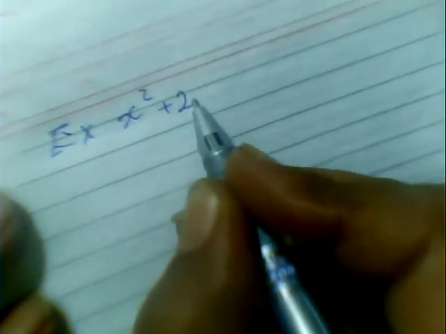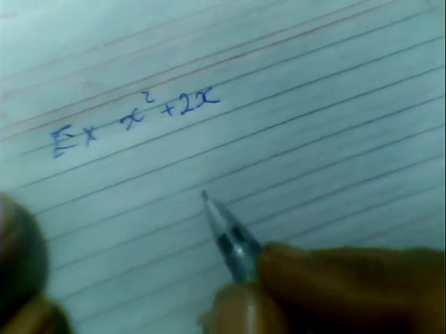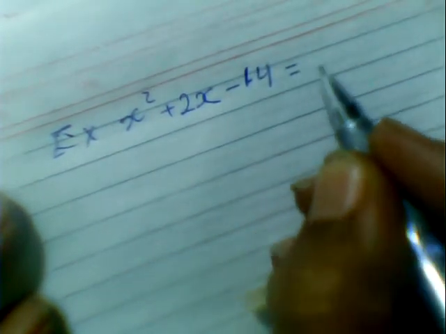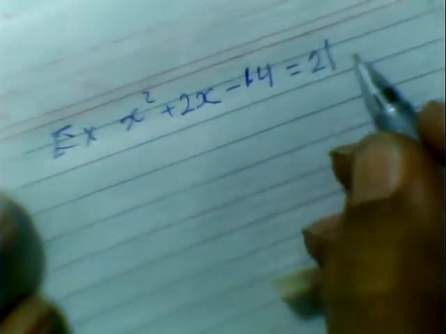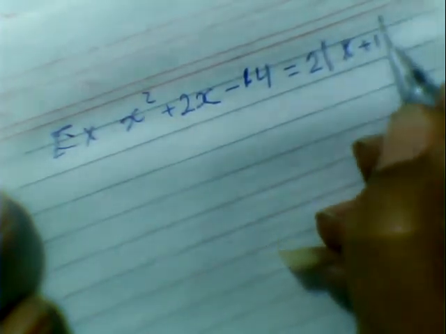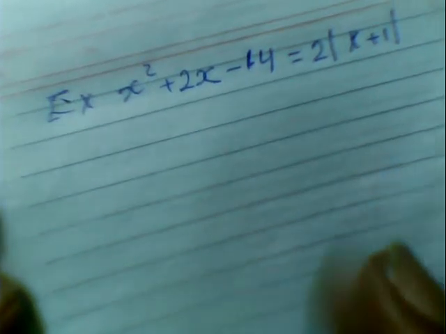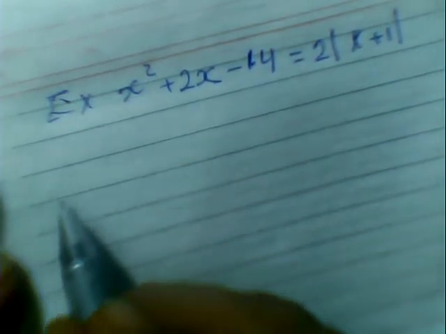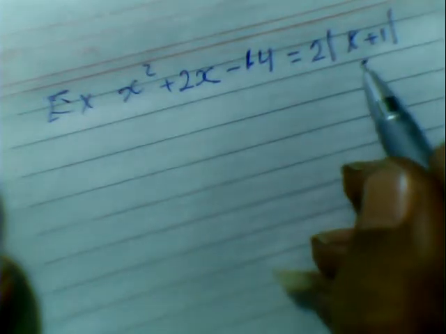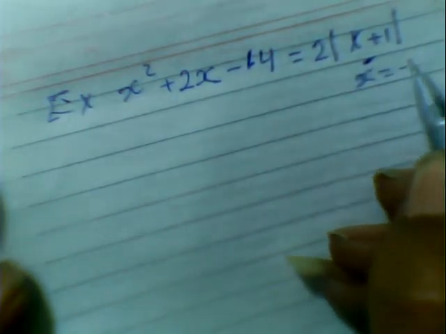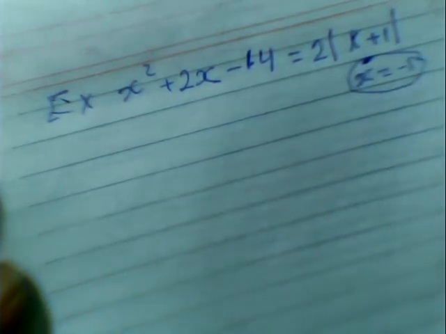x square plus 2x minus 14 equal 2 modulus x plus 1. How can we solve an equation like this? No problem. We get the zero of the modulus, x plus 1.